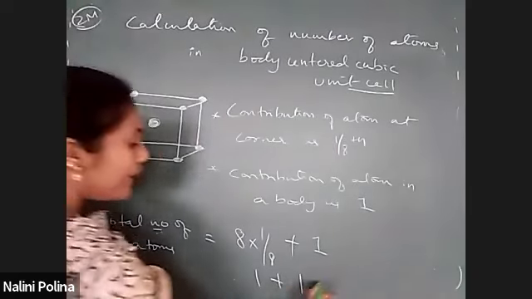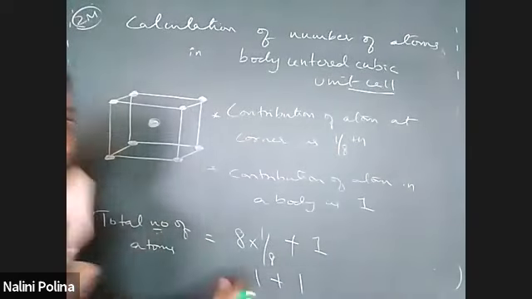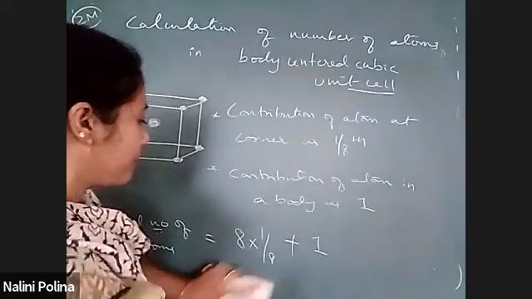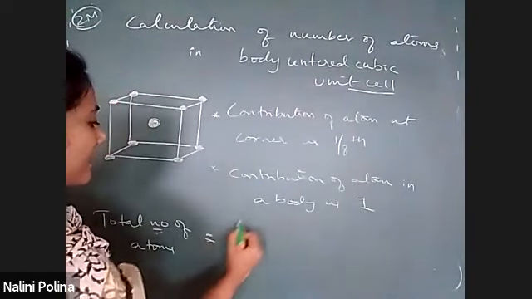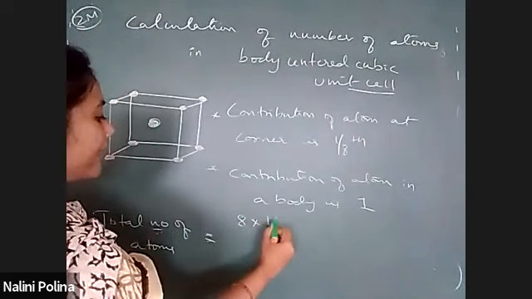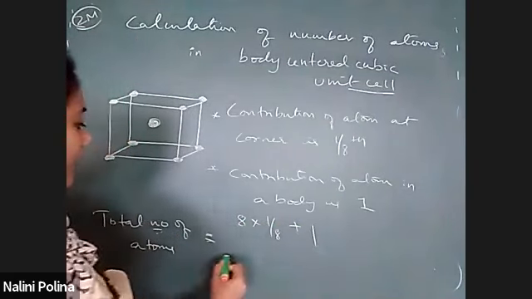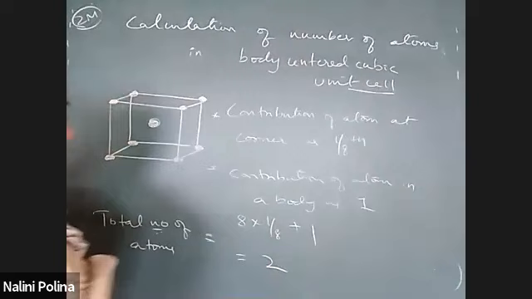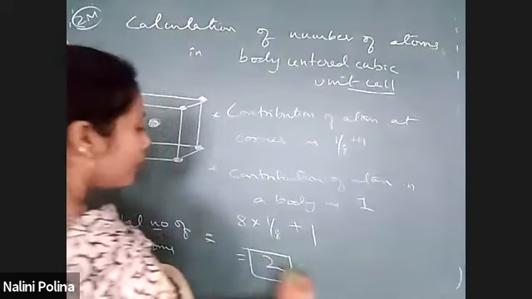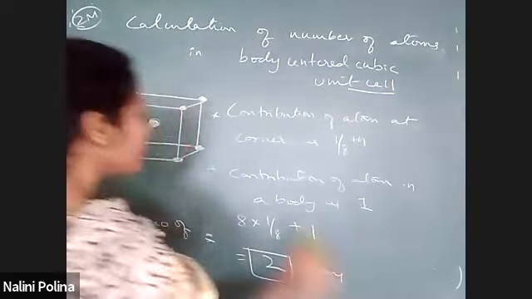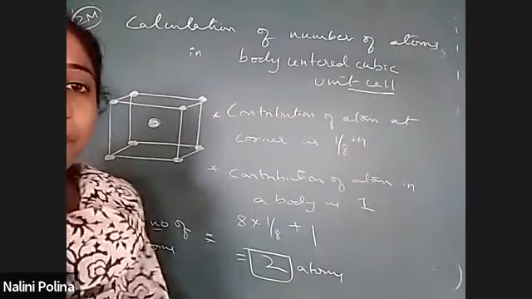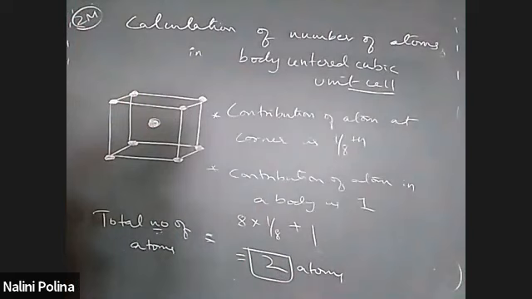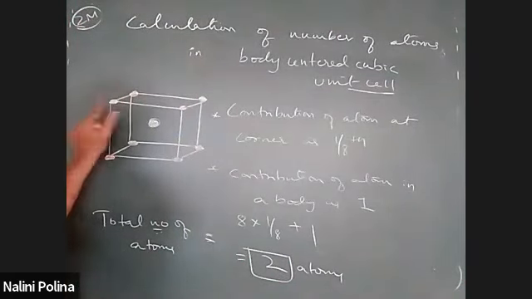So total number of atoms that belongs to this unit cell. Okay, so since base is not there, I'm just going to think about 8 into 1/8 plus 1, which is equal to 2. So how many atoms belong to one body centered cubic unit cell? It is 2 atoms. Looking at the diagram, how many atoms are visible?